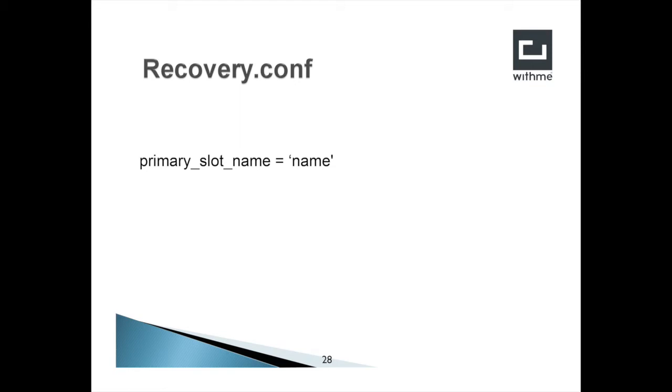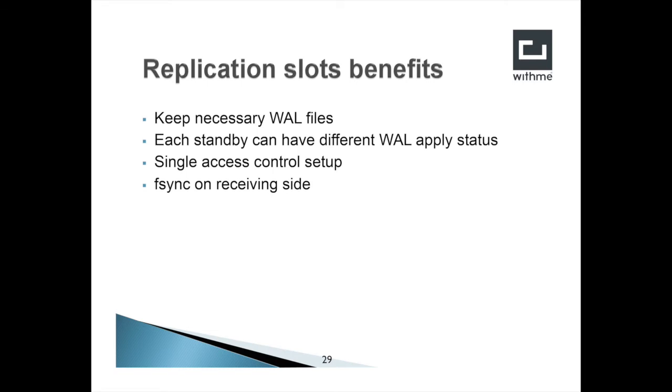Before, we didn't have any mechanism in Postgres, so that's why we were using a lot of different tools to manage this WAL archiving. Now we have that in Postgres, so we don't have to rely on any magic number of wal_keep_segments or something like that. We know the state of the standby database and how much was written on the standby, and it will keep the WAL files accordingly.